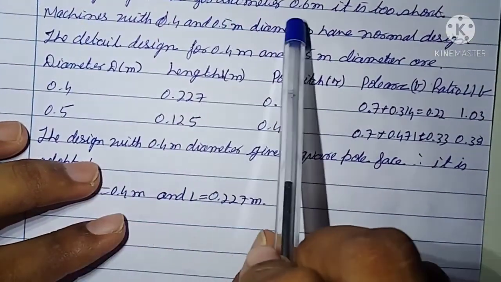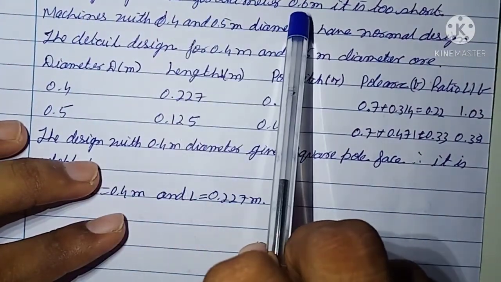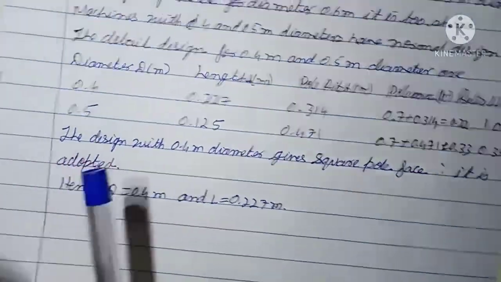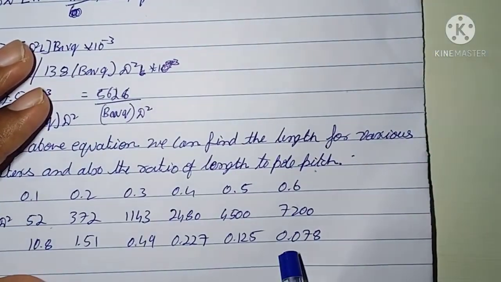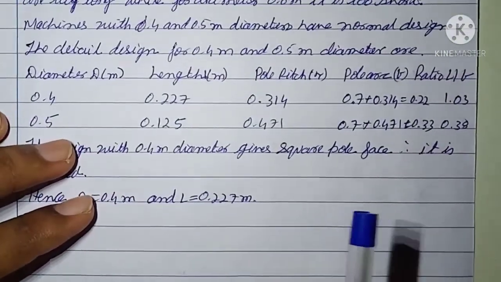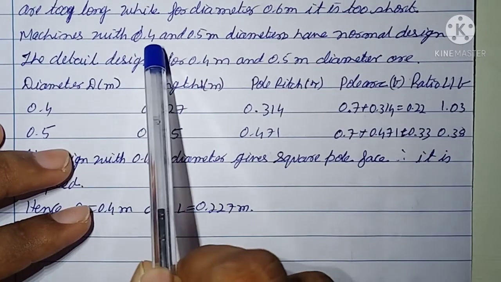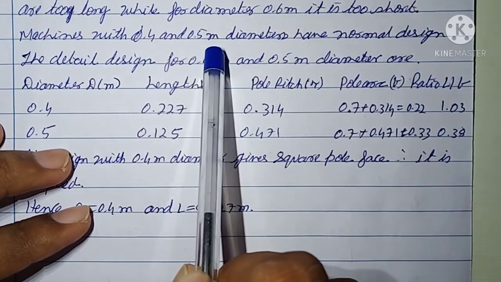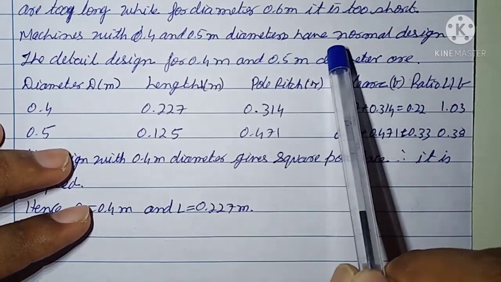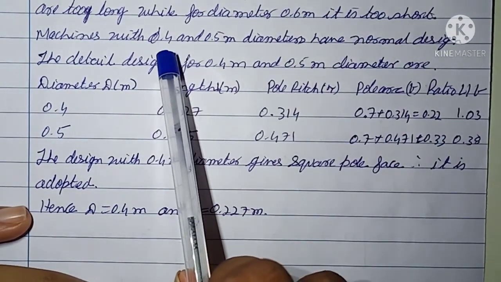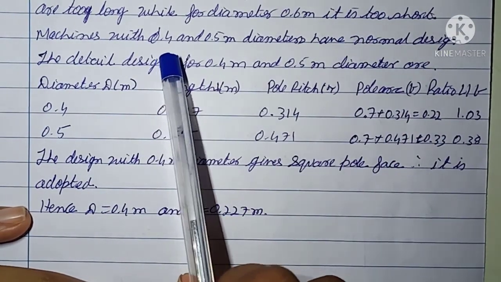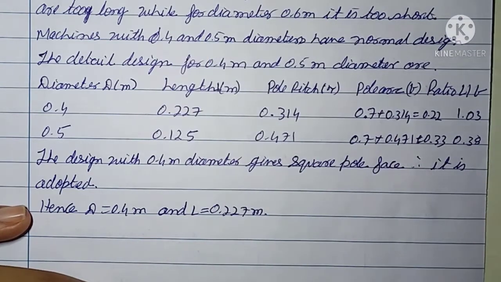For 0.6 it is too short, 0.078 meter, which is too small. The remaining machines with 0.4 and 0.5 diameters have normal designs. So now the selection has to be made between the 0.4 meter and 0.5 meter diameter machines.